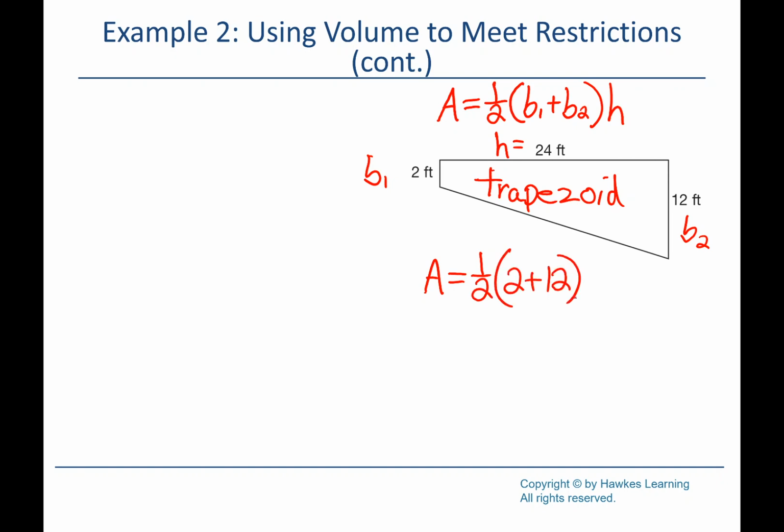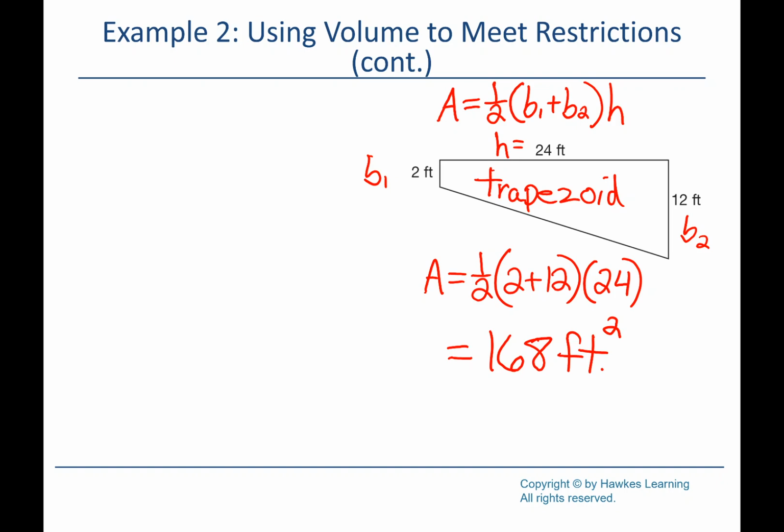So 1/2 of 2 plus 12 times 24. So there we'll get an area of 168 feet, and since that's area, that's feet squared.